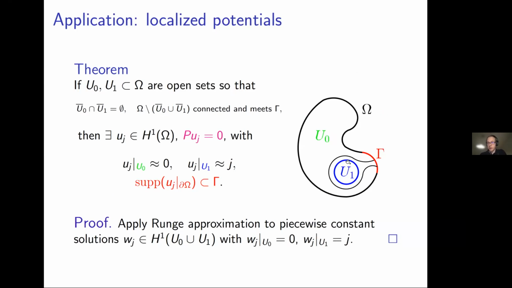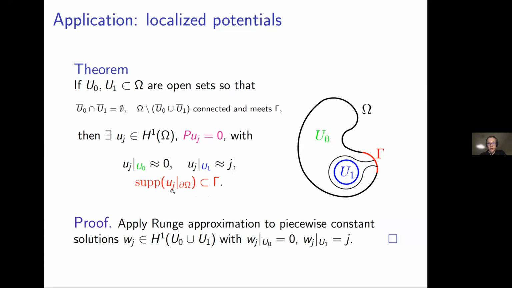So here you have a small blue set U1 and this green set U0, which is supposed to be large. And the result is saying that you can always find global solutions u_j of your equation Pu_j equal to 0, so that in the big green set U0, this solution is almost like 0. So it's going to be very small in this big green set. And in the blue set U1, it's going to be very large. It's going to be close to the constant j, where j is going to infinity.